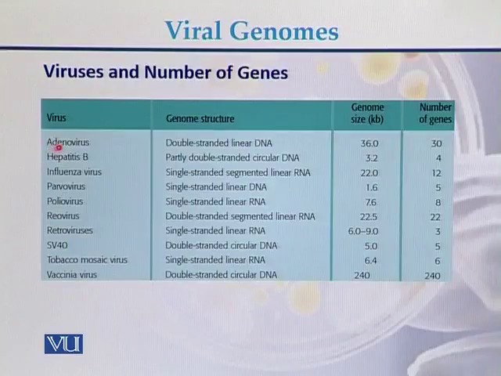We can see here adenovirus with 30 genes, hepatitis B virus, influenza virus, parvovirus, and at the end tobacco mosaic virus, with an approximate genome size of 6.4 kb and 6 genes present on the genome. So this is a comparison between the size of the genome of some viruses and the number of genes present on the genome of those viruses.